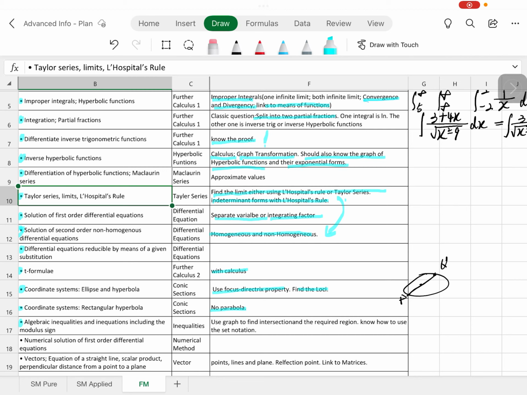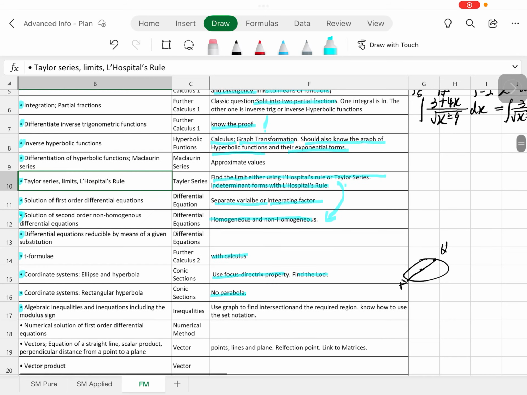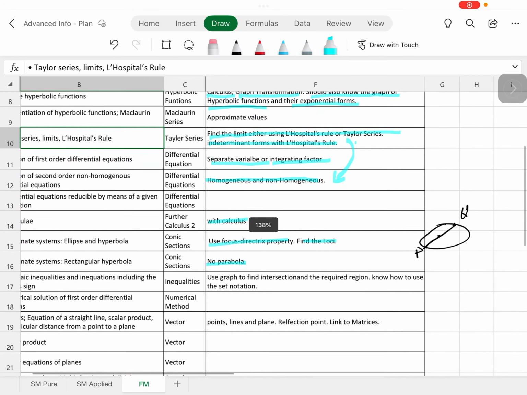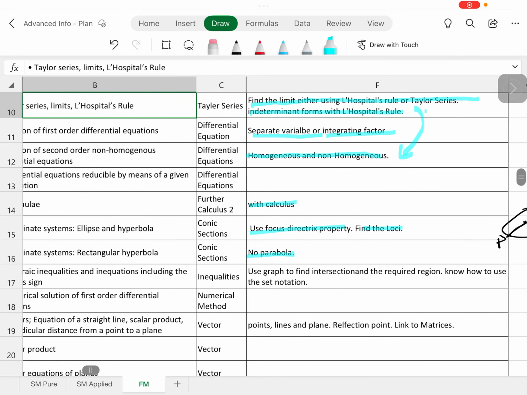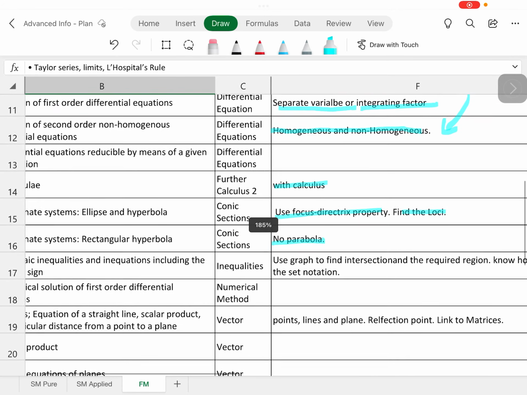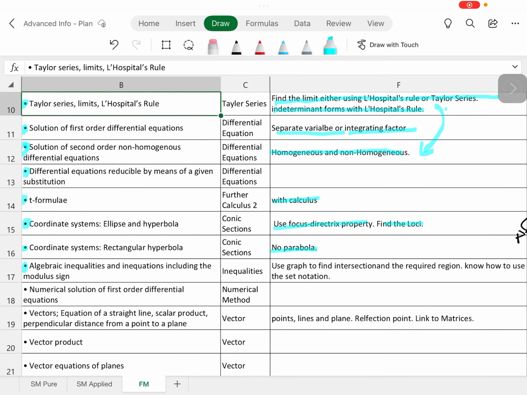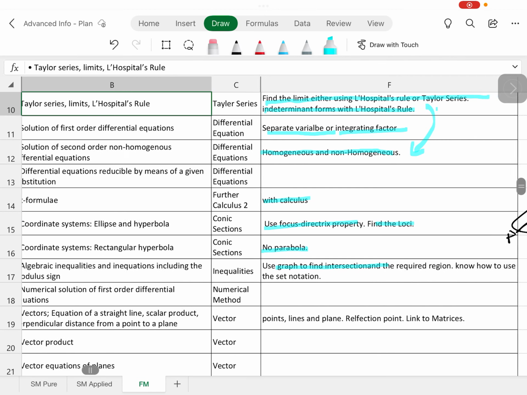Algebraic inequalities and inequalities including the modulus sign. So for the modulus one, very likely you will use a graph, using graphs to find the intersection that is required, and then finding the required region.